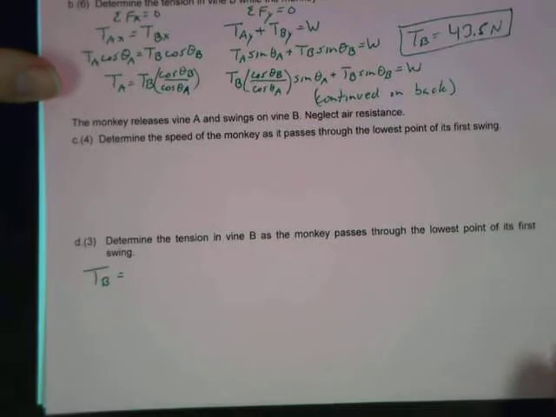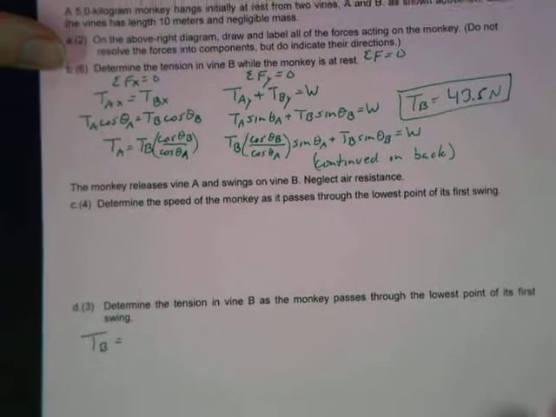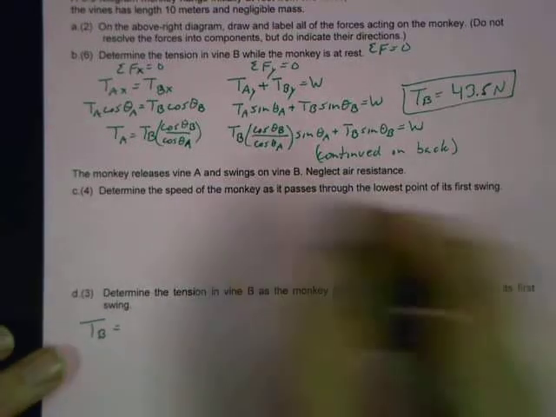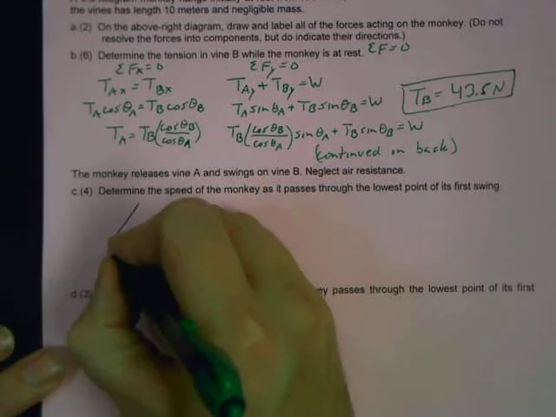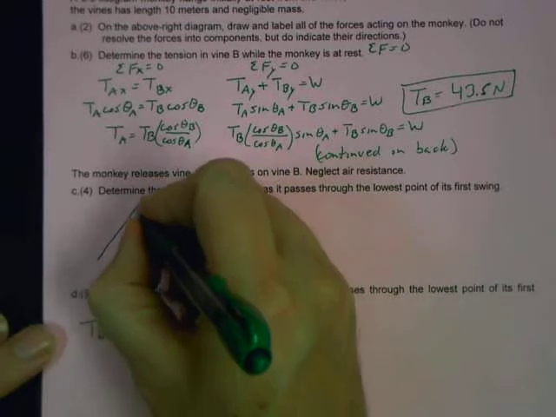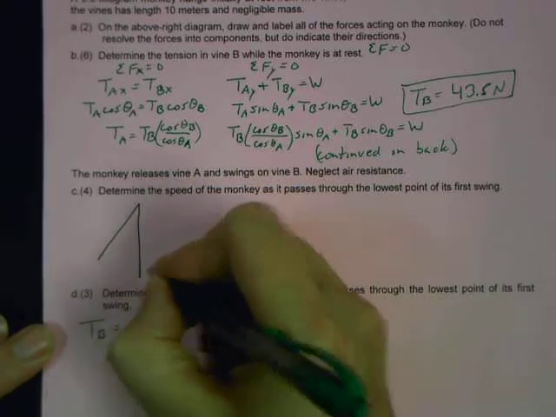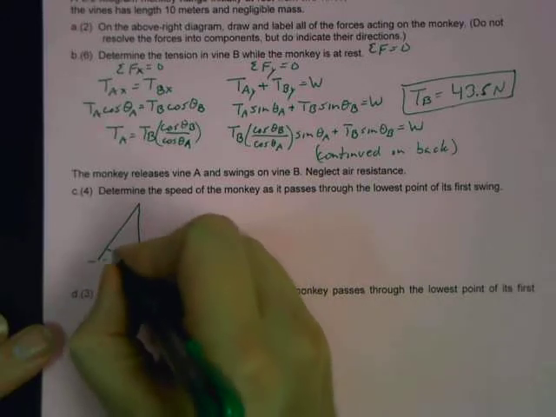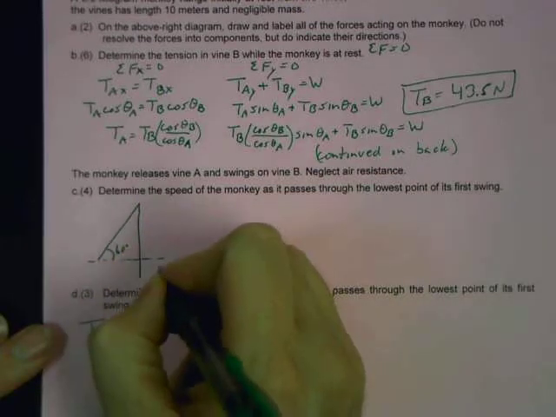Okay. All right, now the monkey's going to do something weird. The monkey's going to release vine A and swing on vine B. Neglecting air resistance, this is conservation of energy. So he is going from here down to here, where this is 60 degrees.